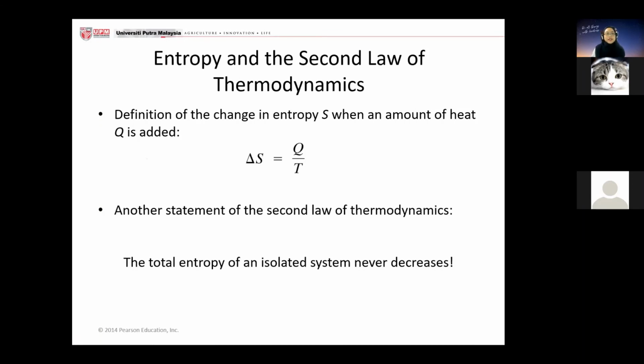So entropy. Actually, the second law of thermodynamics, if you really look at the classical definition, there are a lot of different definitions, I think 3 or 4, but it mostly talks about entropy. Just now we talked about order to disorder.